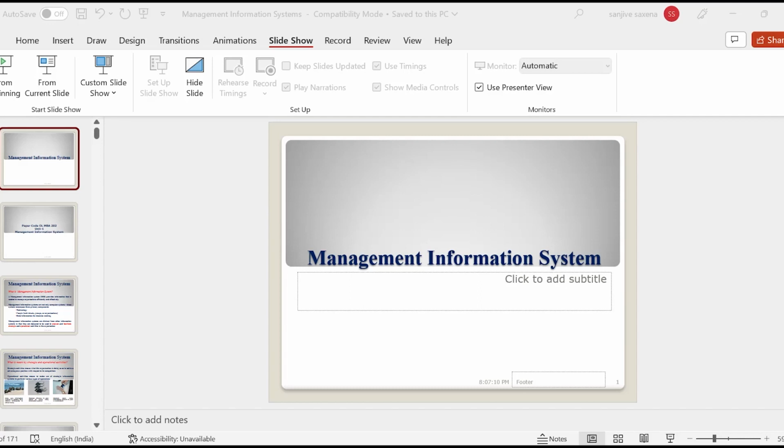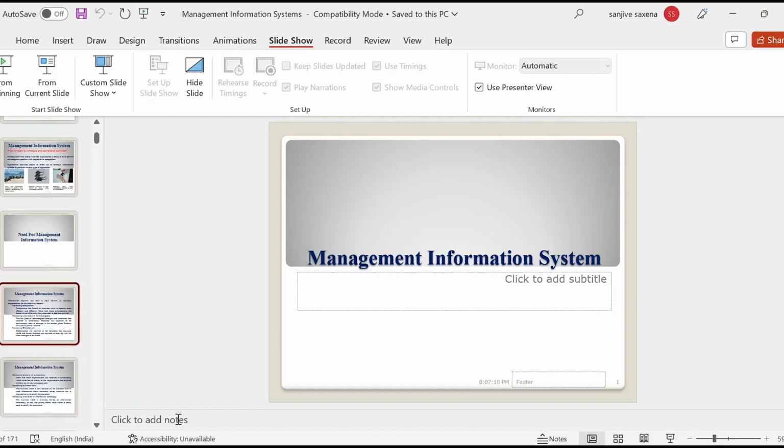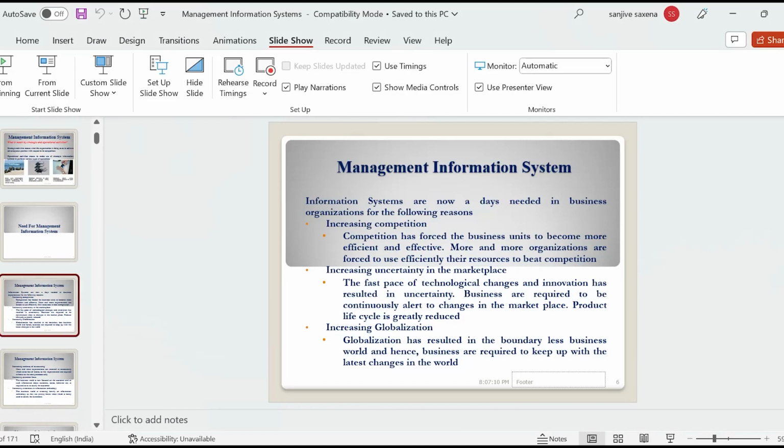So this is what this MIS system is all about, and this is what has been in unit 1, right? So we stop over here and we'll continue with other things.